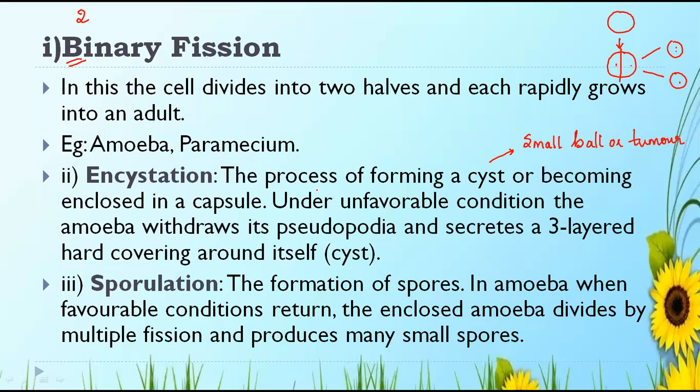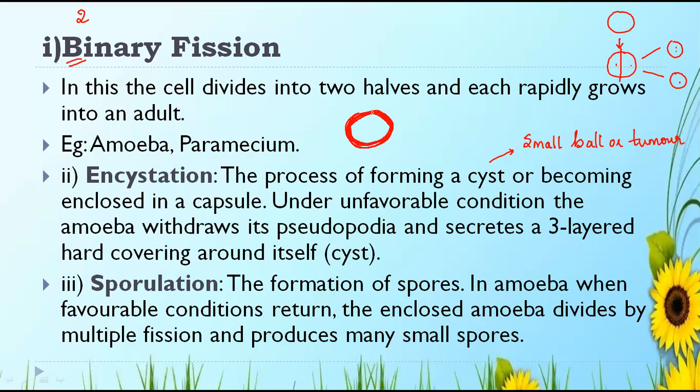Whereas now in asexual reproduction, we'll see the process of forming a cyst or becoming enclosed in a capsule. So what happens here? The whole organism gets enclosed in a capsule. A tight covering is bound around it.